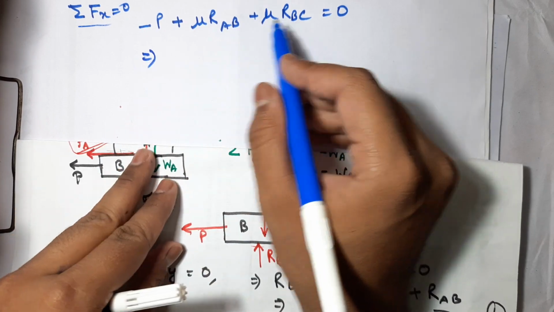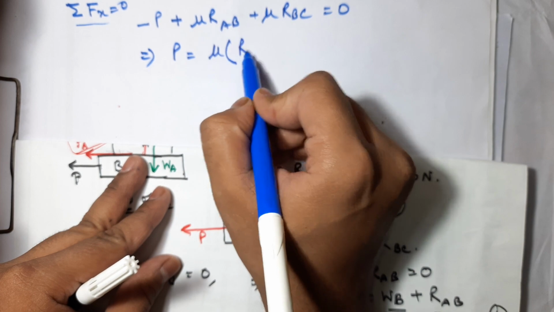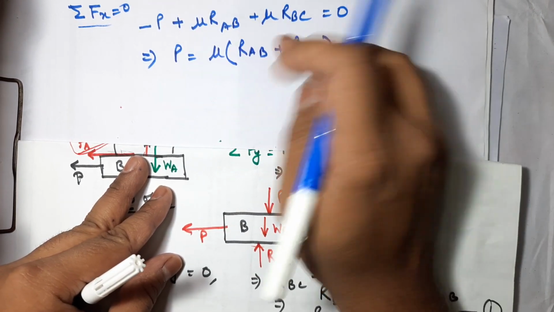So P is equal to mu into RAB plus RBC, right?